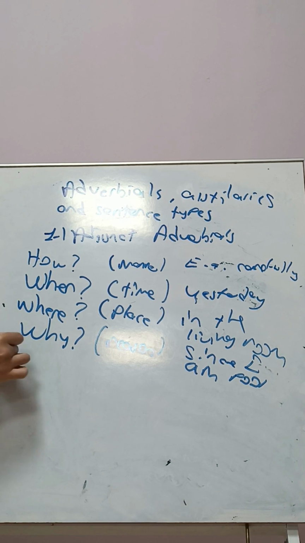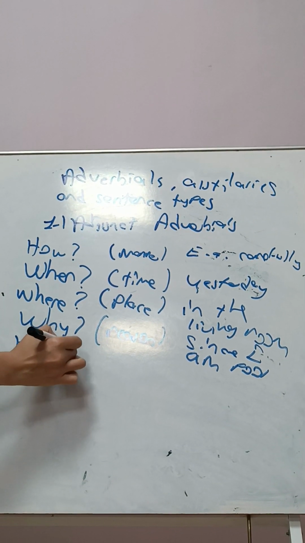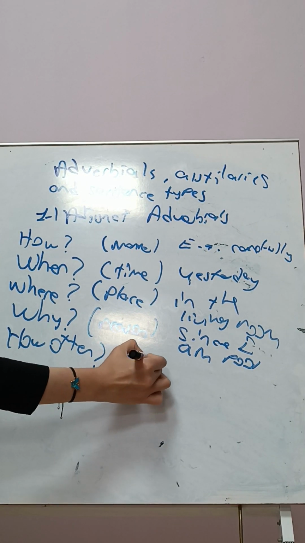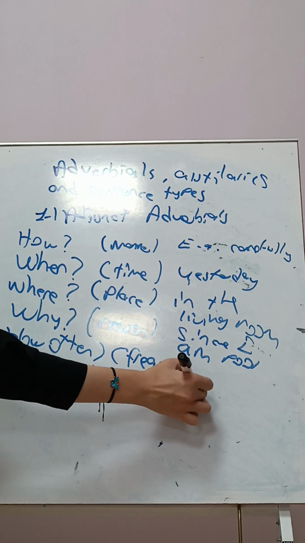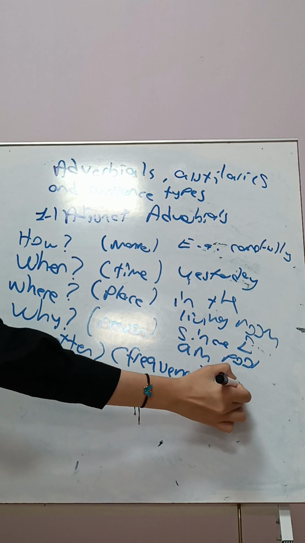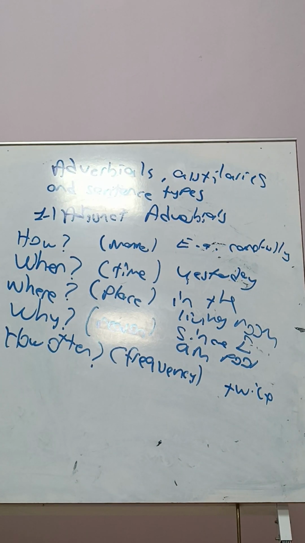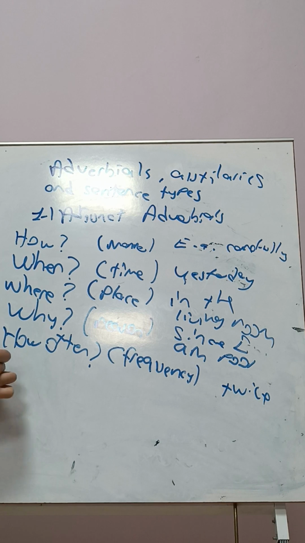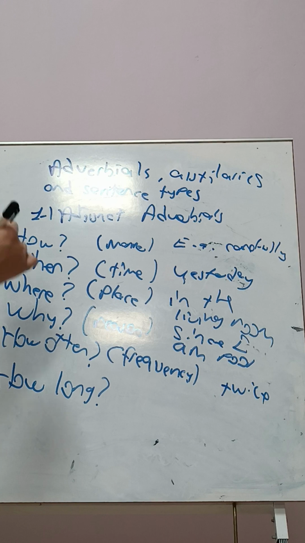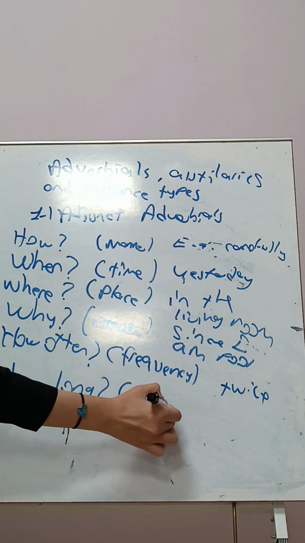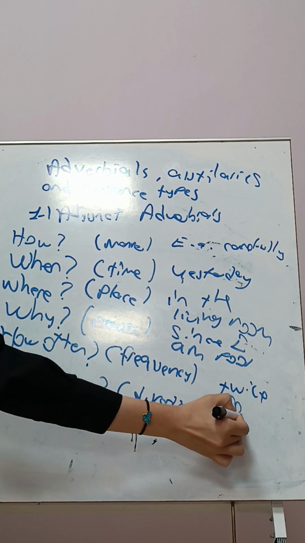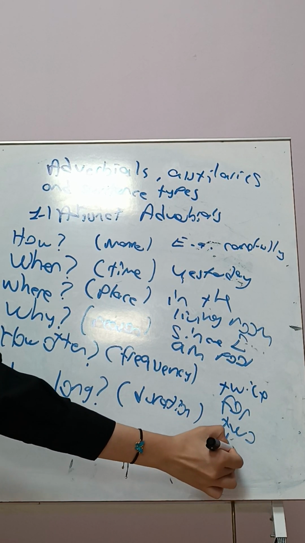The other one is how often. Here we are talking about frequency. For example, twice. And the other one is how long, for example, for 2 days.